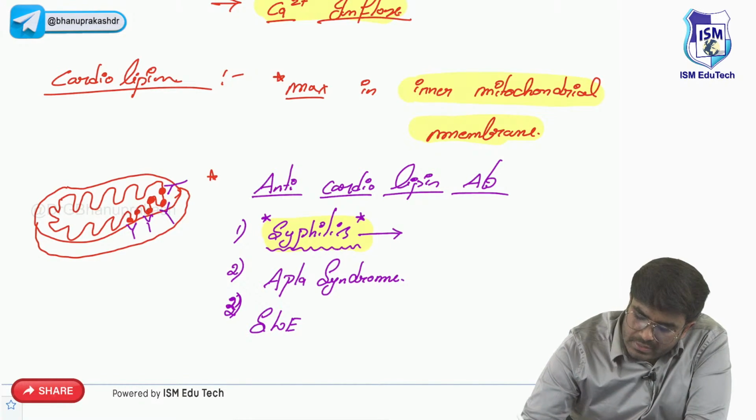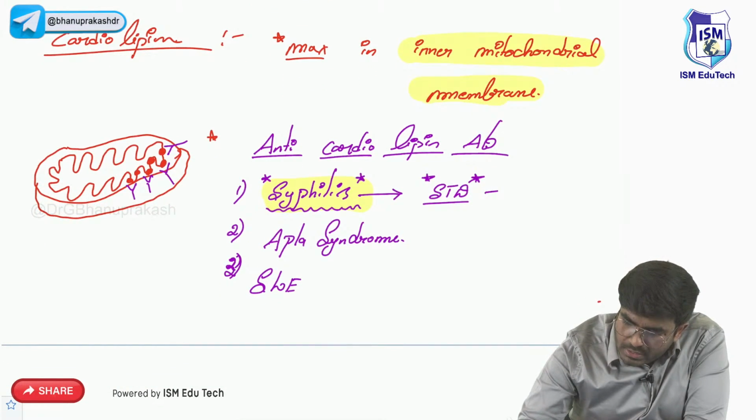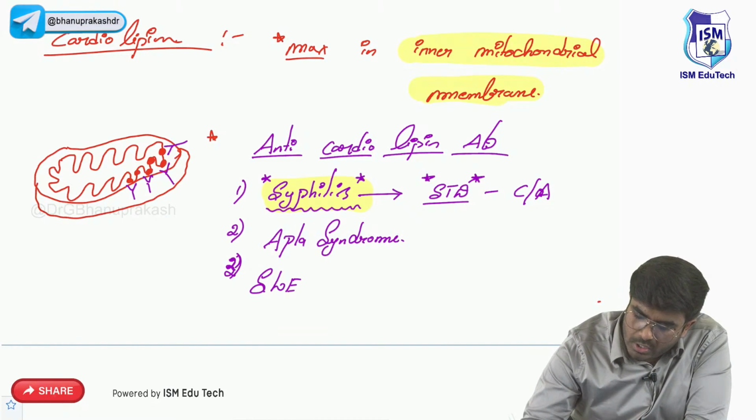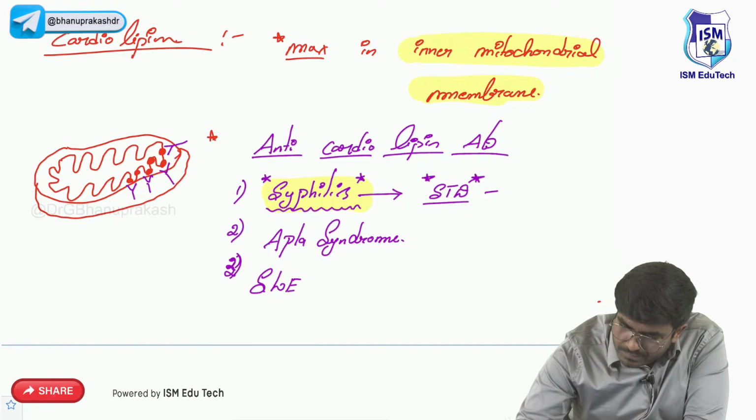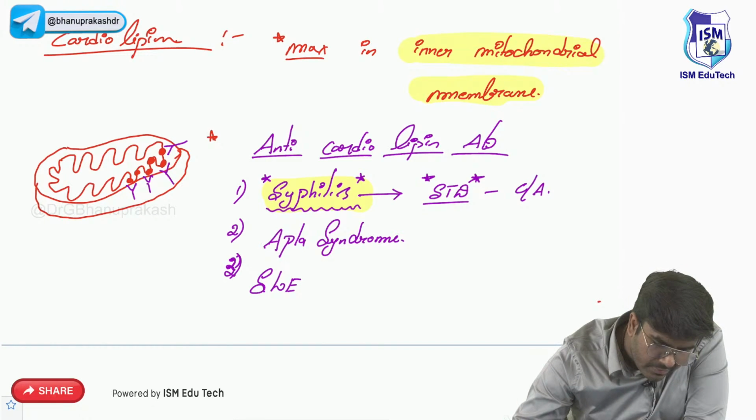No. Syphilis is a sexually transmitted disease, and the causative organism, can anyone tell me? Come on, doctors. What is the causative agent of syphilis? Syphilis is caused by, yes, excellent, Bruce. Oh my god, someone is saying HPV.